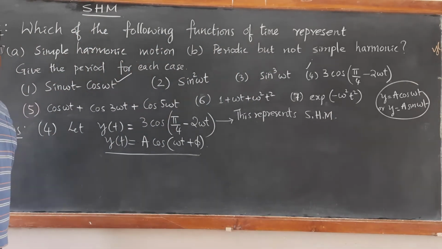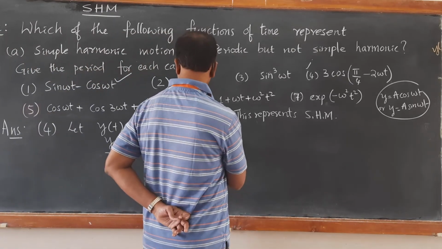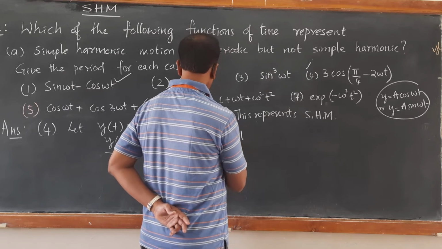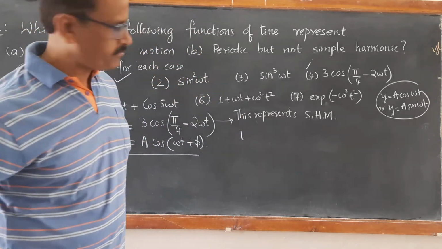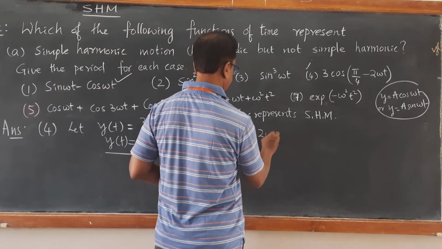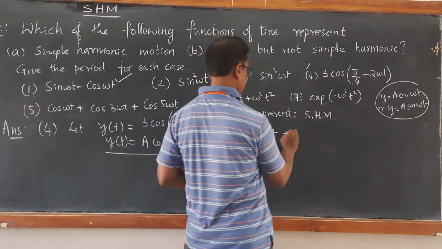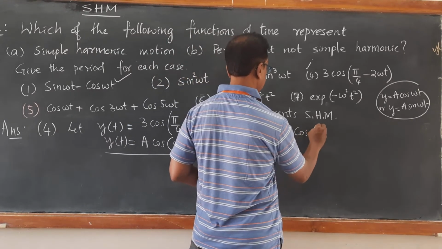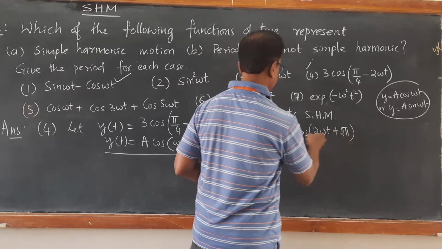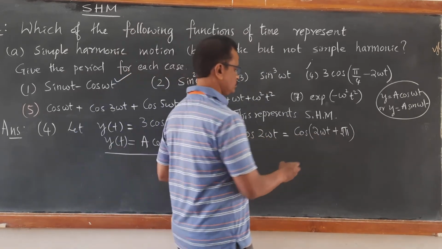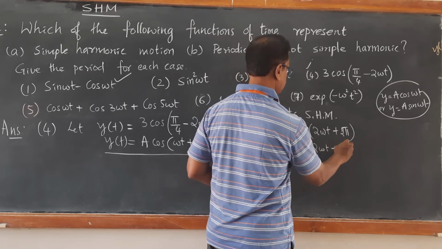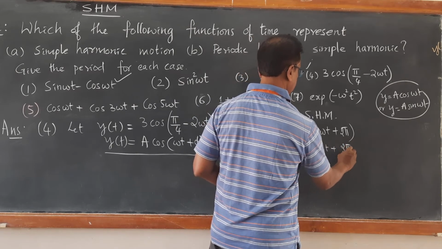And what will be its time period? If you just look at cos 2 omega t, as we have found out earlier, you know how to find the time period. Cos of (2 omega t plus 2 pi), so that we get cos 2 omega t. Therefore, cos of 2 omega (t plus 2 pi by 2 omega).